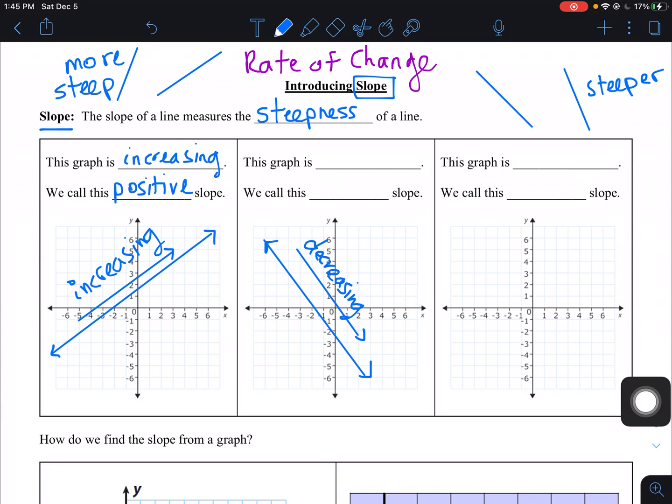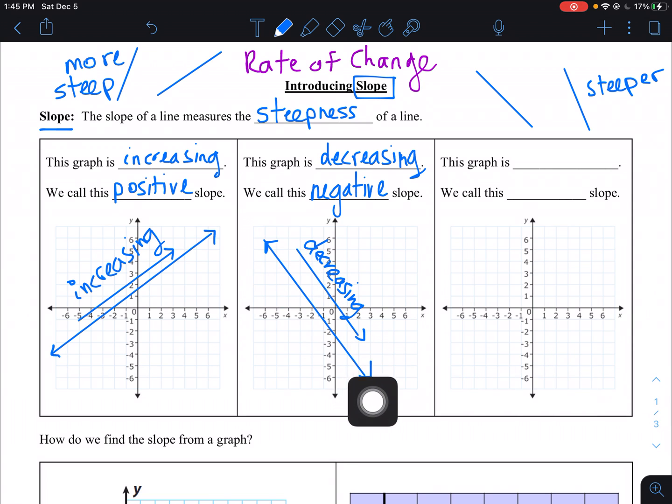This graph is decreasing. And we call a line that is decreasing a negative slope. Your numbers are going down.